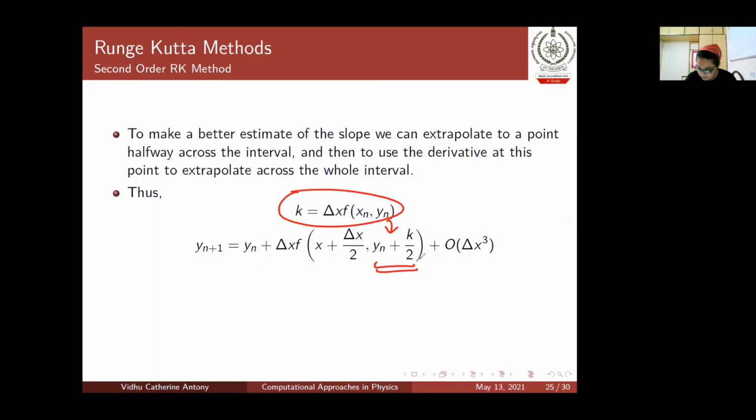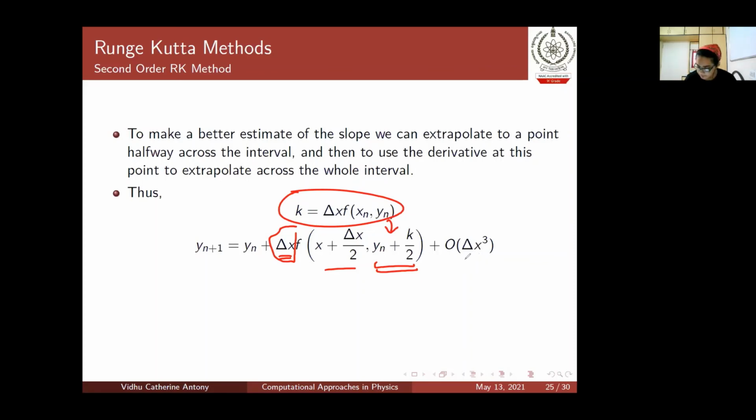So you have yn plus k by 2, and you're doing it halfway across the interval, so delta x divided by 2. You then multiply this with your step size, delta x. That's the only difference here in the Runge Kutta method. We will explore this a little more. The reason I'm giving you this formula is so that you can do the homework.